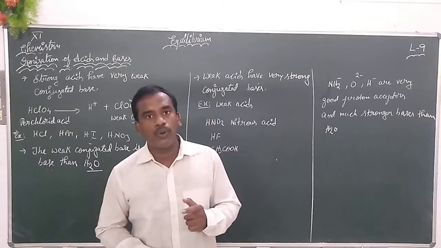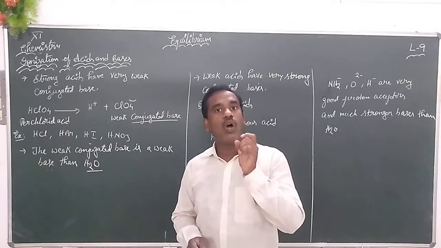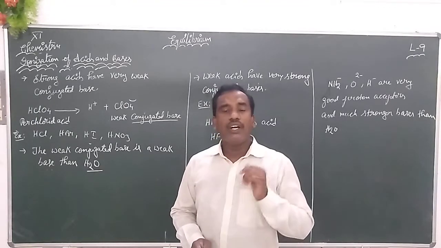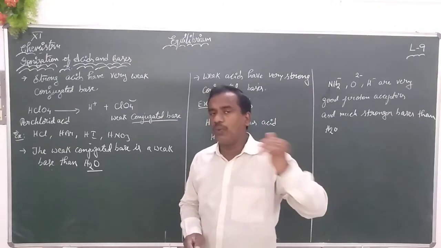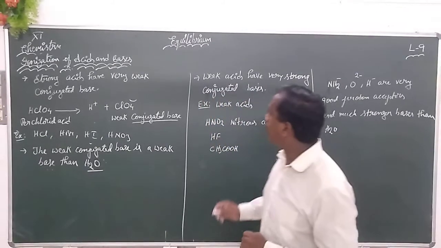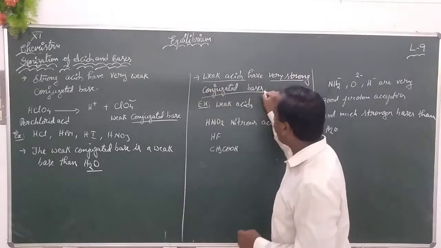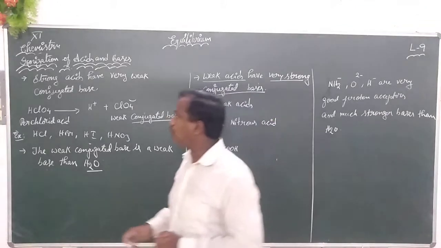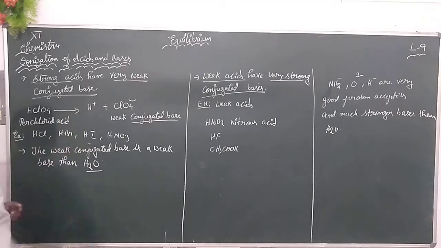Strong acids will produce weak conjugate bases. Now can you put the counter sentence: weak acids will produce strong conjugate bases. What is my point? Weak acids will produce very strong conjugate bases. Yes, these are the two main points that are very useful for the objective. What is the first point? Strong acids have very weak conjugate bases.